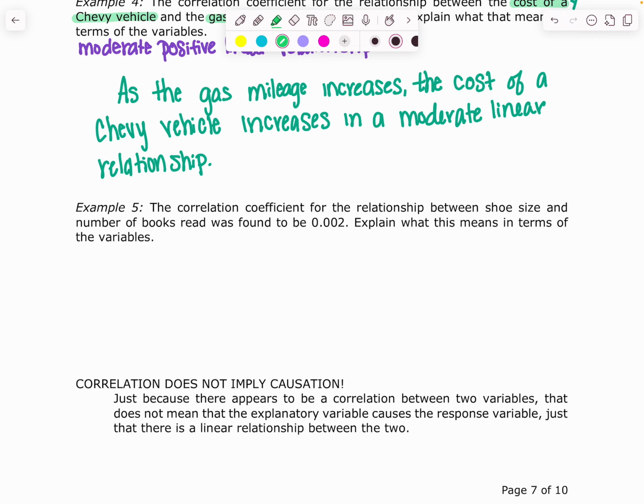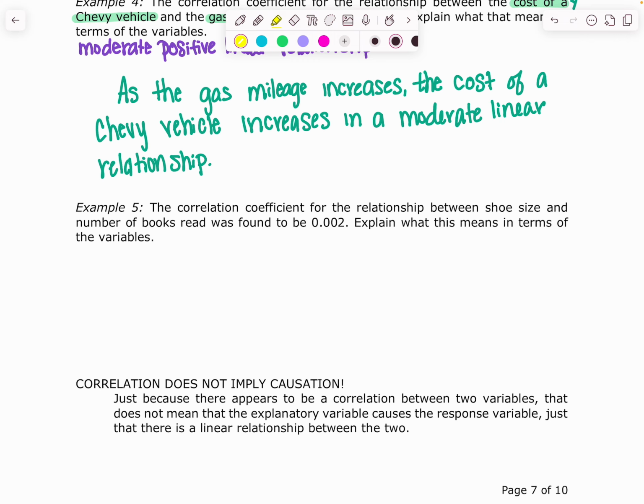All right, and then the last one that we have here says the correlation coefficient for the relationship between shoe size and number of books read was found to be 0.002. Explain what this means in terms of the variables.